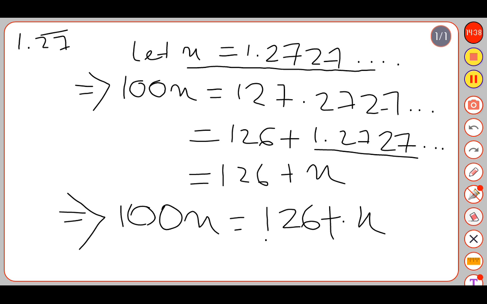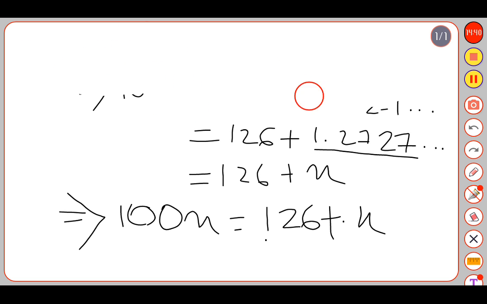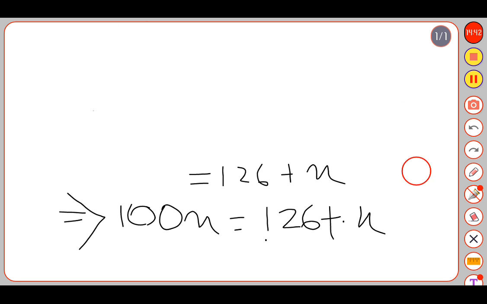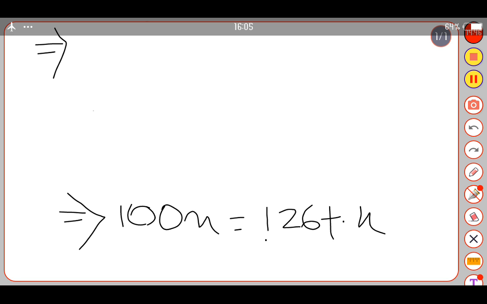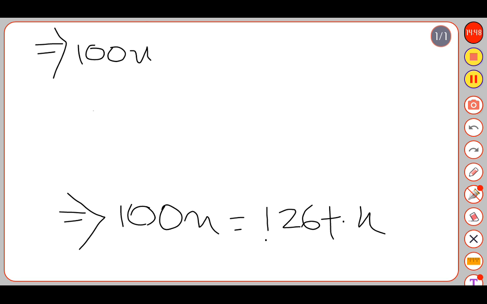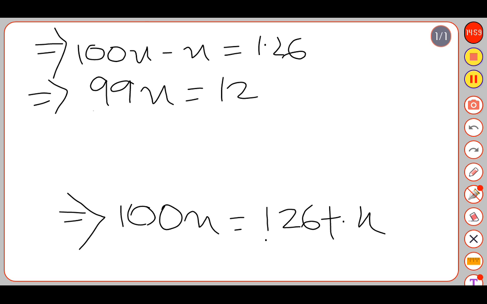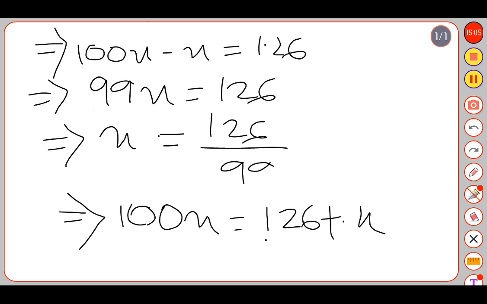So now we will solve this equation. That implies here 100x minus x, as here it is plus x, it will become minus x here, 126. That implies 99x equals 126. That implies x equals 126 by 99.